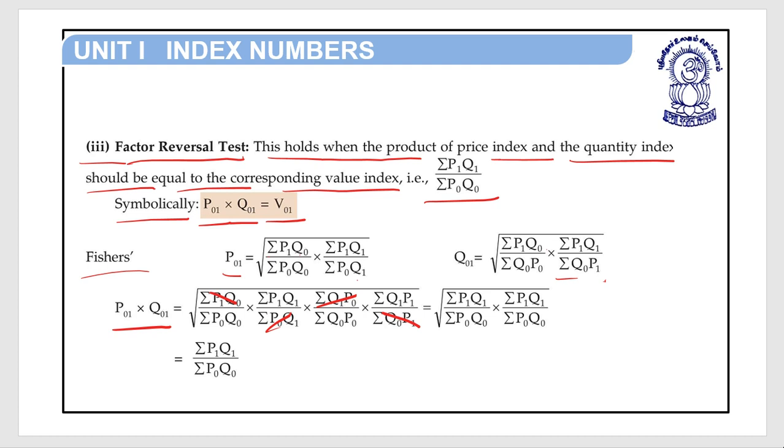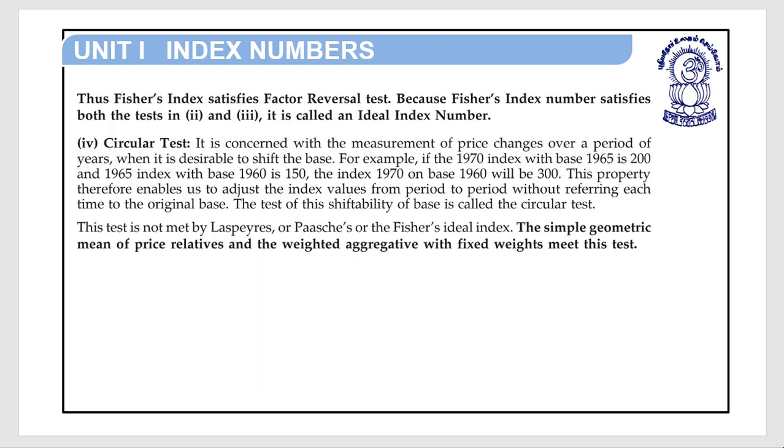So remaining is under root of sigma P1 Q1 whole square upon sigma P0 Q0 whole square. So you will get sigma P1 Q1 upon sigma P0 Q0. Thus Fisher's index satisfies the factor reversal test. Because Fisher's index number satisfies both the second and third tests, it is called an ideal index number.